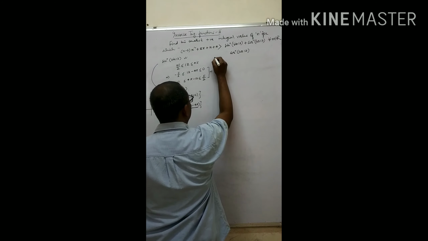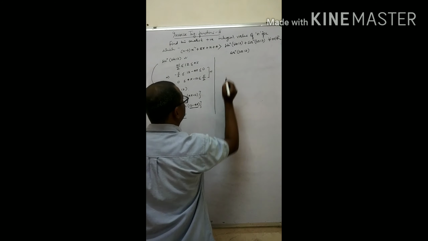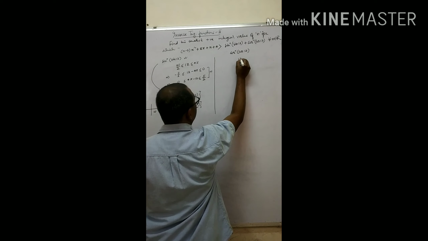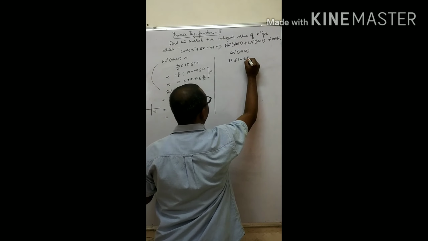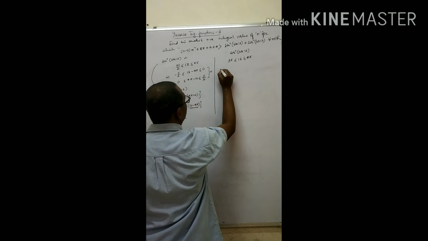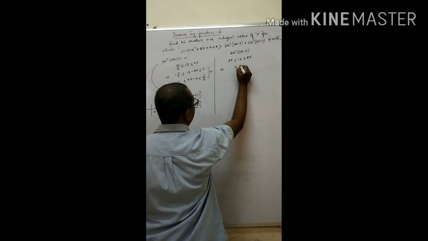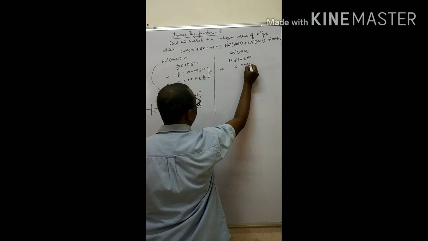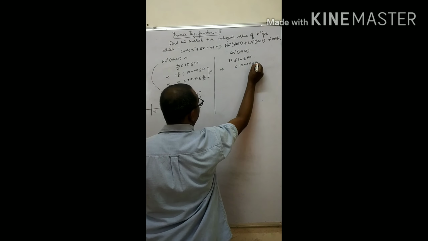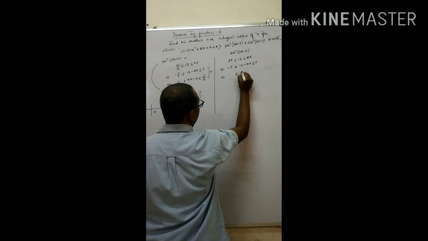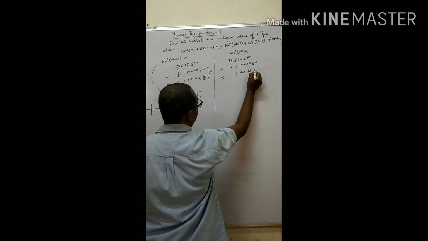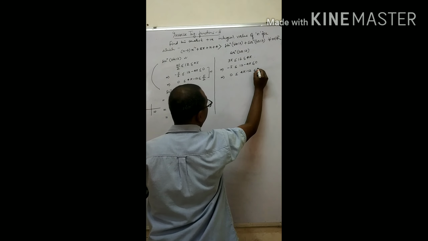If we check what cos inverse of cos of 12 gives me, 12 here is lying between 3 pi and 4 pi. So 12 minus 4 pi will be lying between 0 and minus pi, and 4 pi minus 12 will lie between 0 and pi.